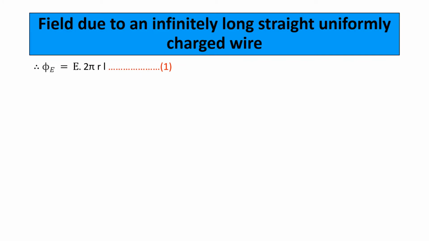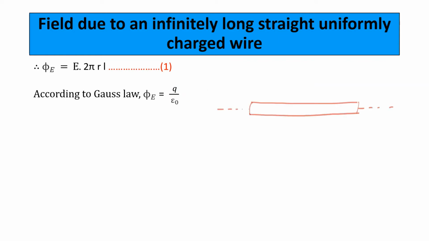But according to Gauss law, phi E is equal to Q by epsilon naught. We learned this in Gauss law. What is this Q, the charge enclosed? Since this is an infinitely long wire, we do not know about the charge which is enclosed within it. As this is a uniformly charged wire, we will take the linear charge density lambda.